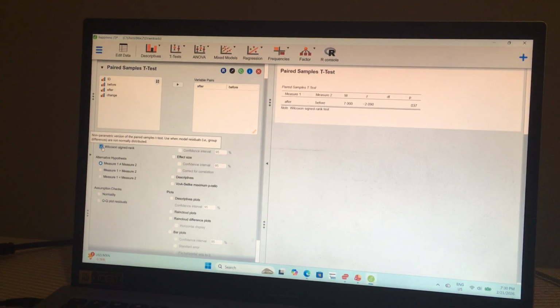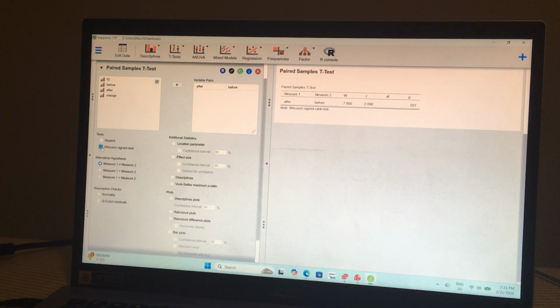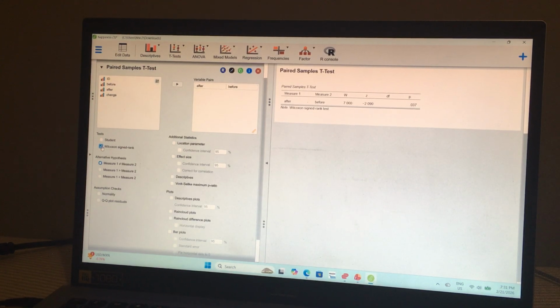All right, and we can now see the data is matching the data presented in figure 9.23.